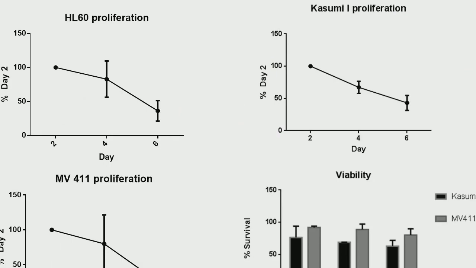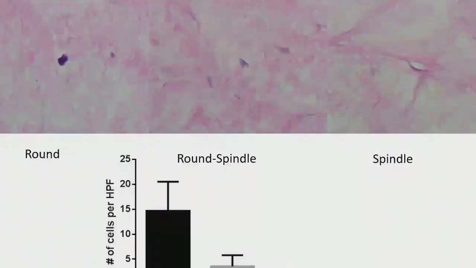One of the characteristics of leukemia stem cells is that they are dormant. And what we've seen when we cultured cell lines in this matrix is that their proliferation actually goes down over time. And it's not because of a viability issue, because the viability was still maintained in the matrix.